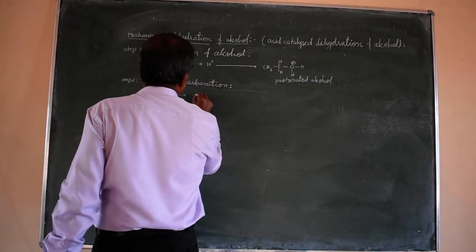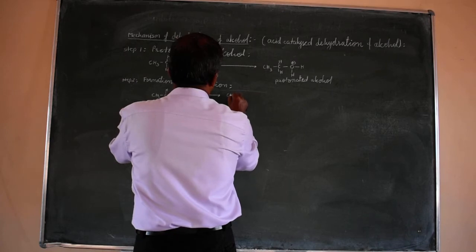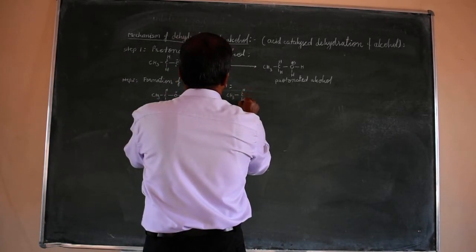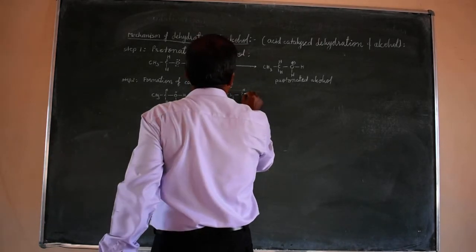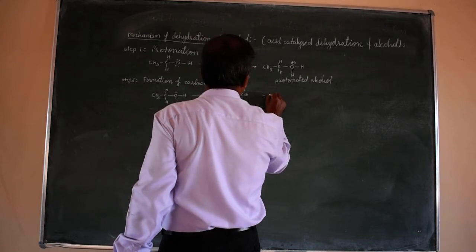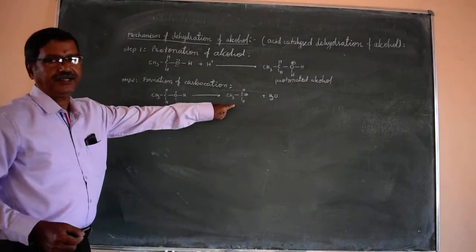H2O gets eliminated. It's CH3, then CH2, then the plus charge on this carbon atom, plus H2O. So it is a carbocation.